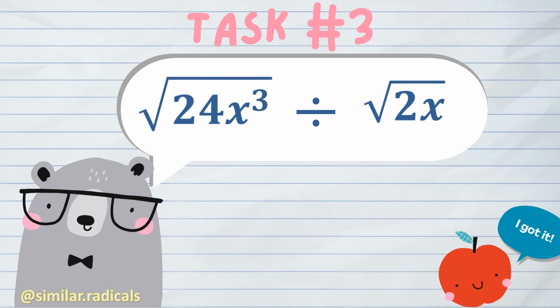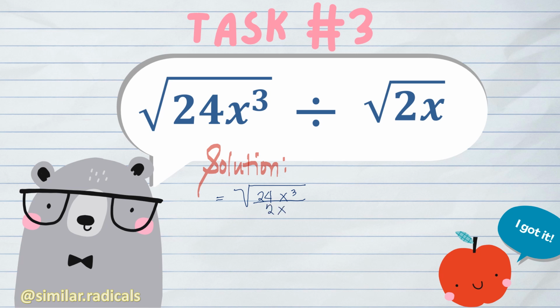Now next, for task number 3, let's have our solution again. Here we have square root of 24x cubed divided by 2x.